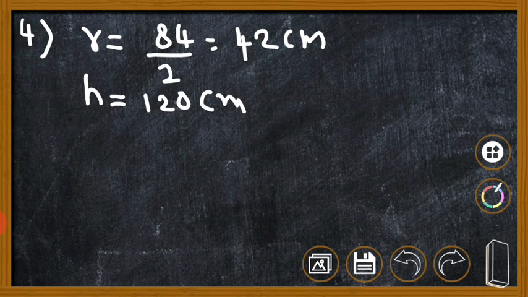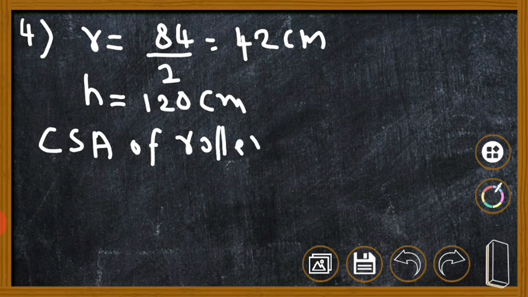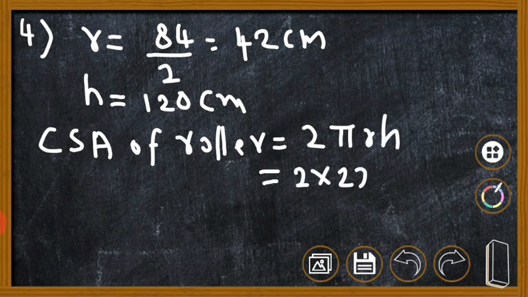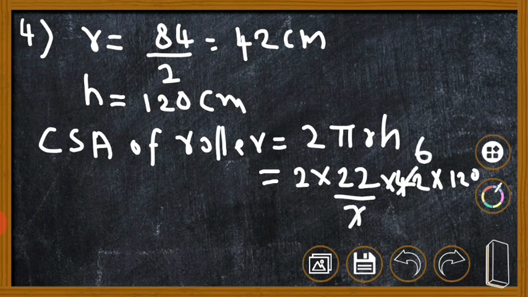Okay. Before that, first you find out the CSA of the roller. What is the formula? CSA of the roller is equal to 2 pi r h. So that is equal to 2 into pi value 22 by 7, radius 42 into height 120. Okay, 7 and 42 we can cancel, it is 6.